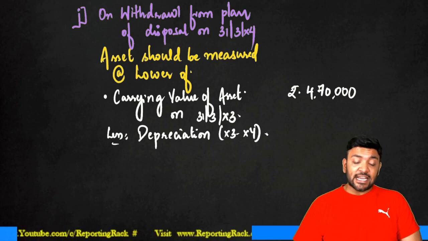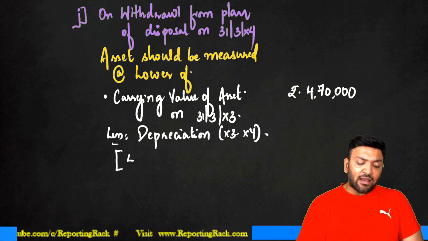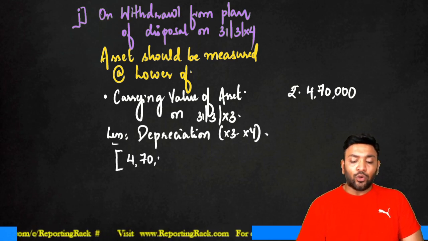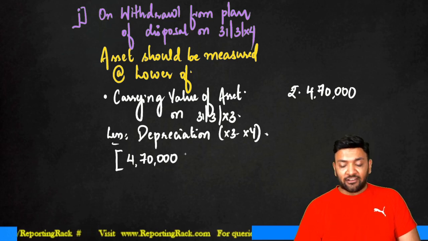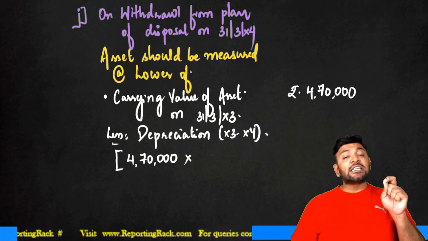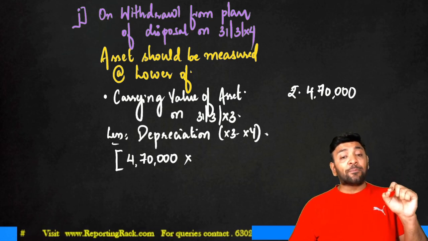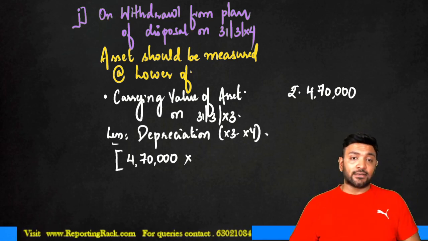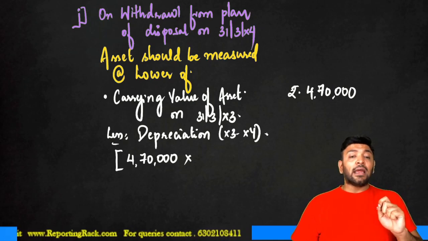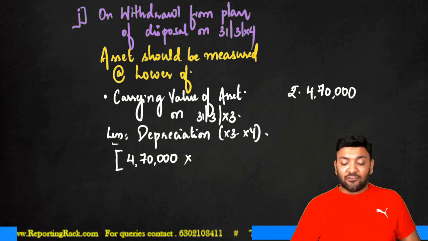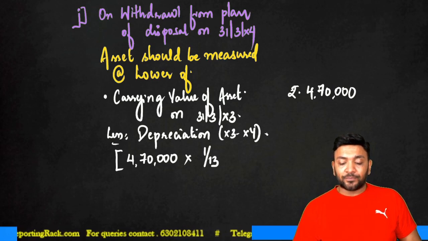How much is the depreciation? Your carrying value is 4,70,000 divided by useful life. Now, originally the useful life of the asset was 15 years. I have already depreciated the asset by 2 years. On today's day, I have a remaining useful life of only 13 years.